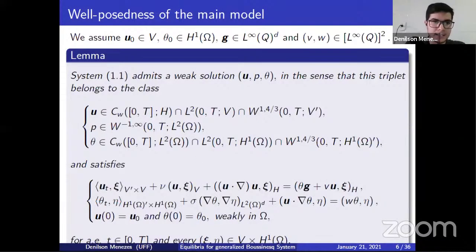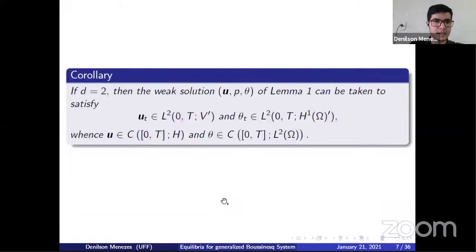If you assume these initial conditions, and if G is in L infinity of Q, and the control V, W is in L infinity of Q, we can find our solution in this space and satisfy this weak formulation of the problem. And if the dimension is 2, we can find a better space for the weak solution in this space.